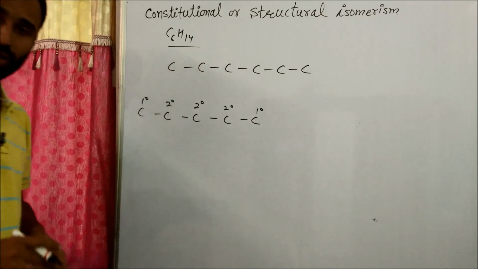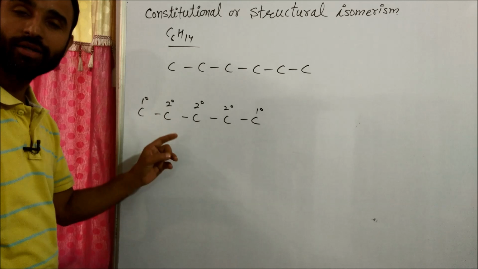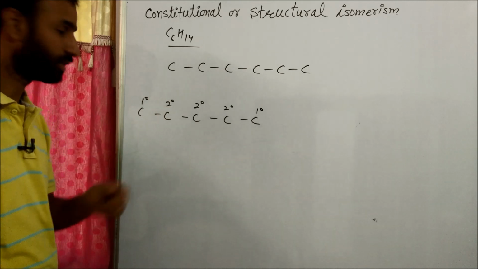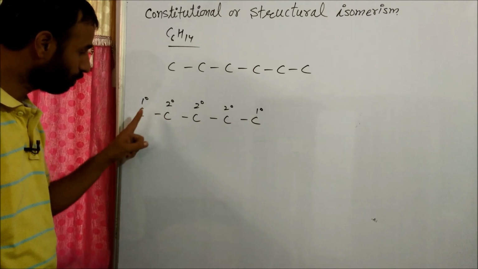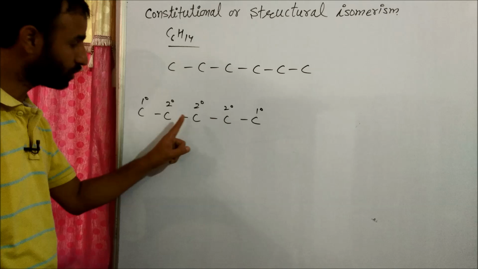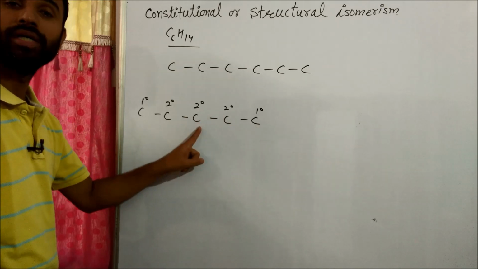Now tell me, how many types of secondary carbons are there? There are, yes, 2 types of secondary carbons. This secondary carbon is attached to primary and secondary. This secondary carbon is attached to secondary, and this one is also attached to primary, secondary.